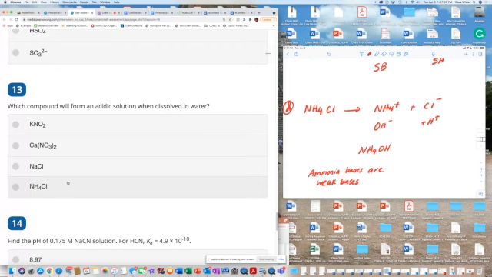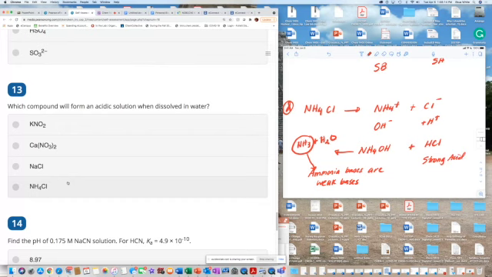And to kind of add a step further, this breaks down to form NH3 plus water. And this is the weak base they're talking about right here. So ammonia bases are weak bases. On the other hand, HCl continues to reign as a strong acid.